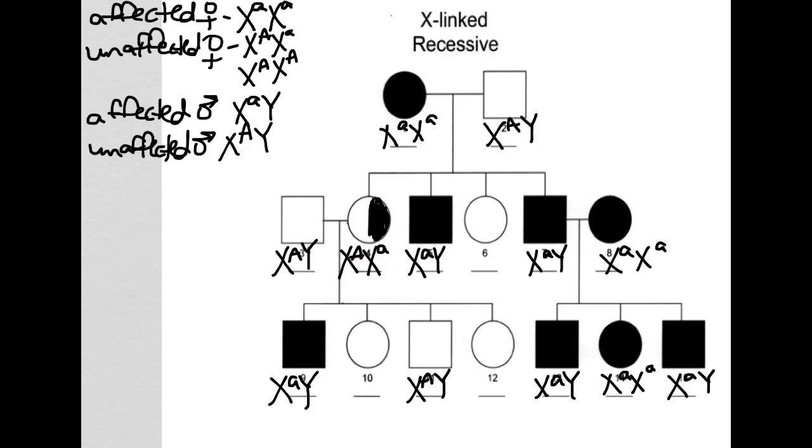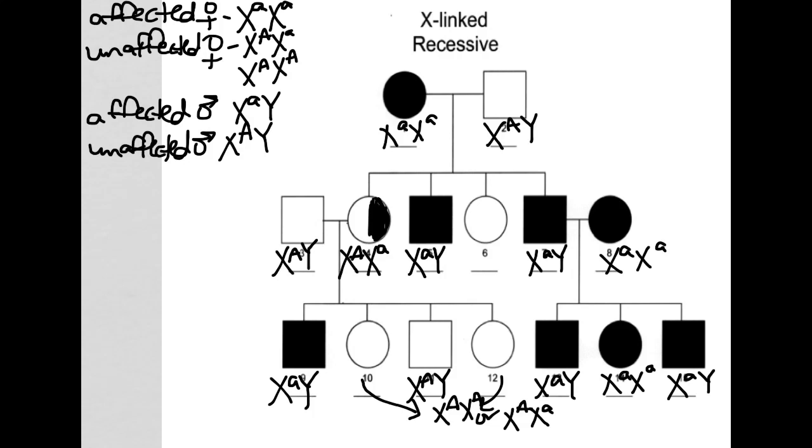And at this point, we know that both of these daughters must be either XAXA or XAXa. And at this point, we can't tell the difference between these two. But again, later on, we will put a percentage probability to each one of these.